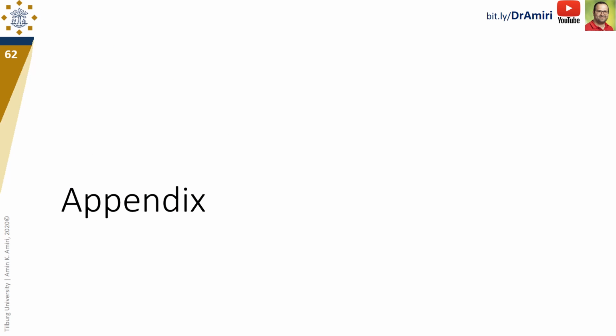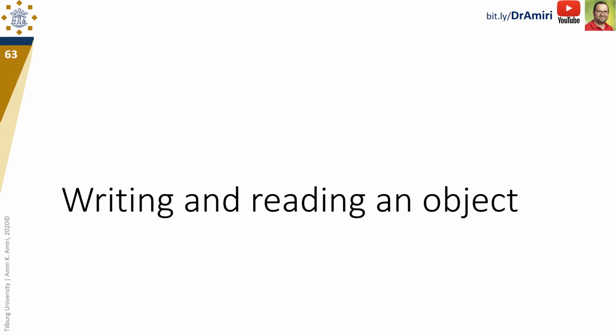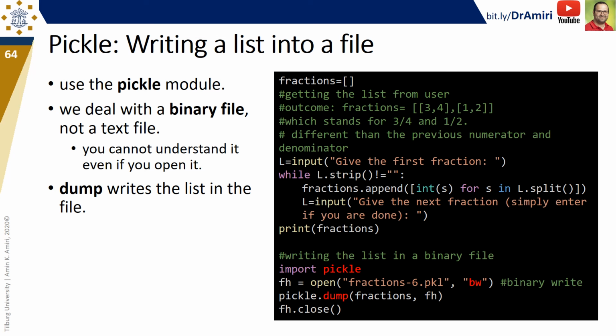So, for those who are interested in learning more about reading and writing in files, I have placed here some new commands for you. For example, you can read and write an object from a file. An example is a list.